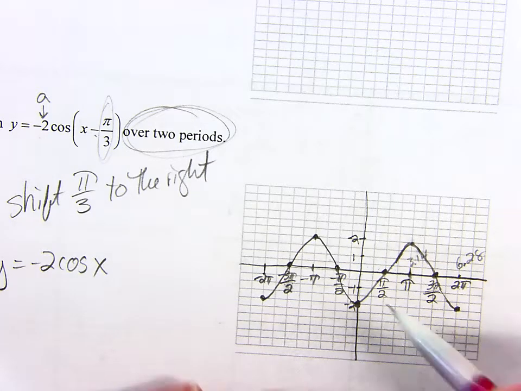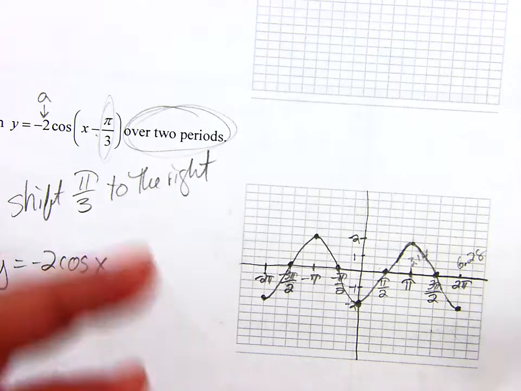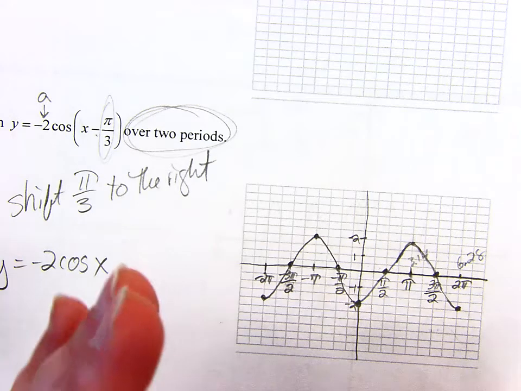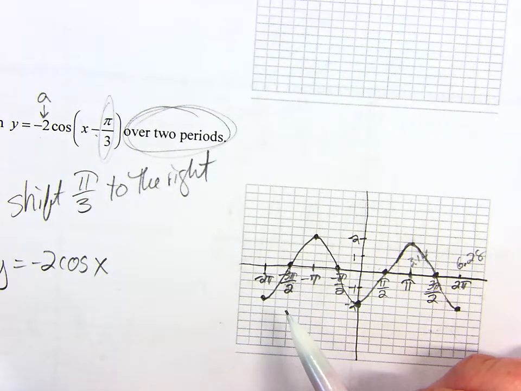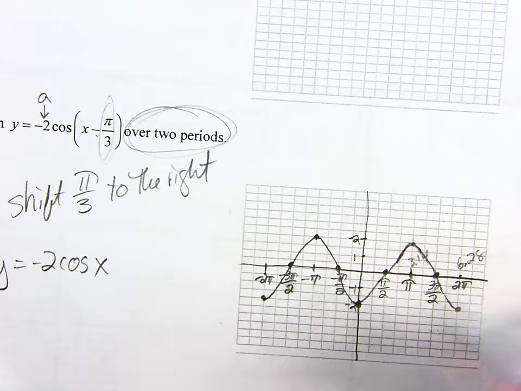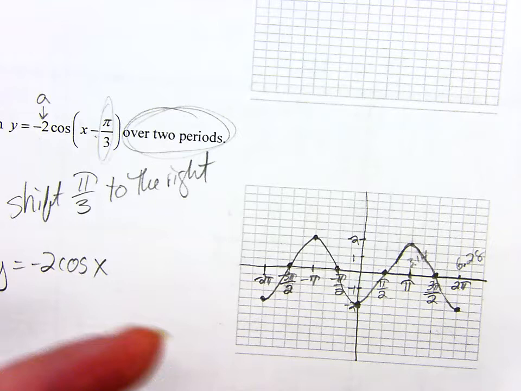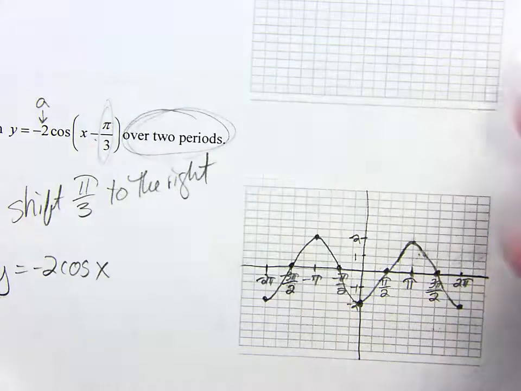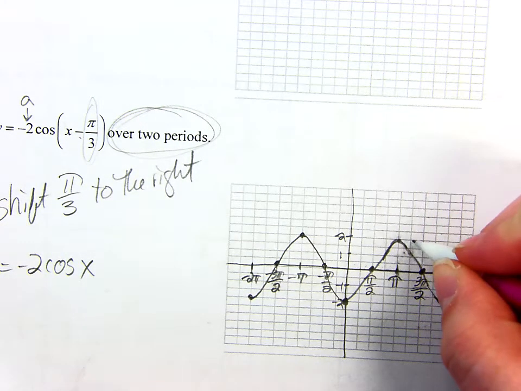Usually you're going to get lucky and be like, oh sweet, I got to move it pi over 2, and pi over 2 is one of my scale units anyway, so I just shift it. If it's not, again, we're approximating here. I'm not pulling out a ruler to make sure you did 1 1/3, but it's going to happen. You're going to have ones that don't come out nicely, and then you just figure out, according to your scale, how far to move it. So I need to go a box and a third to the right.